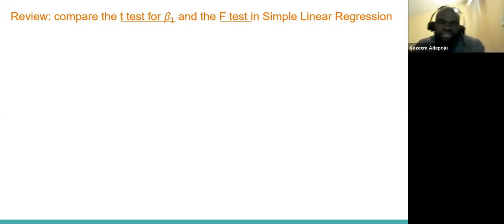Are we likely to take a different decision, or is it going to be the same decision when I decide to use a t-test for beta 1 or an F-test for it? I want to believe at the end of the lecture today, you're going to see the similarity between the two, or if there's any difference at all.